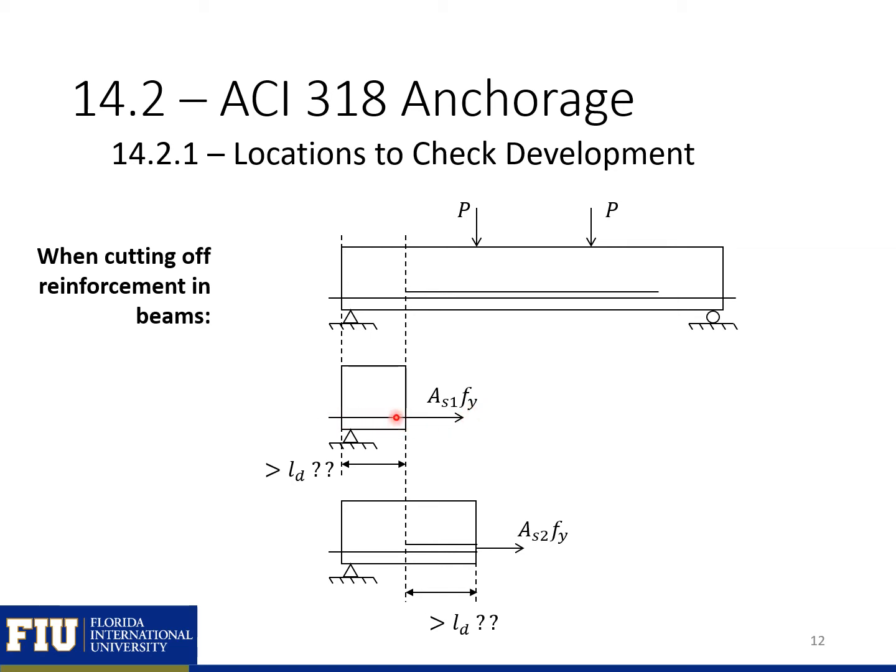So we would need to check that development length. And we also need to make sure that we extend this bar far enough away from the point of maximum moment so that we can develop the bar that we are cutting off. So these are two examples where we need to make sure that we have sufficient development when we're cutting off reinforcement in a beam.